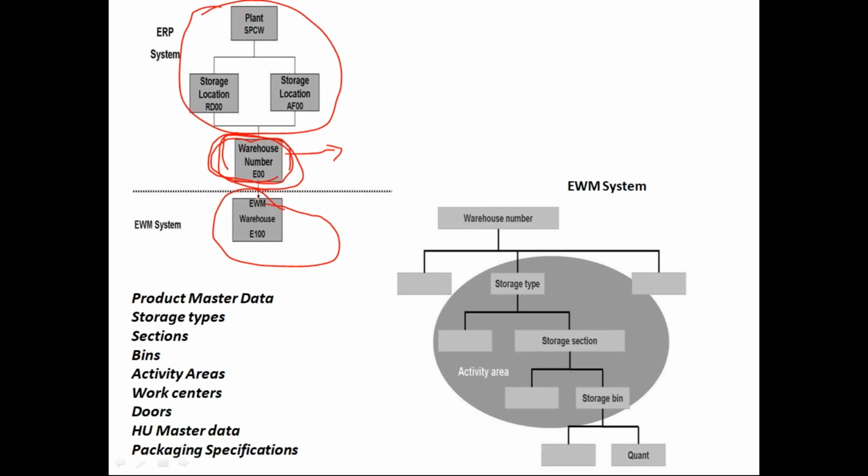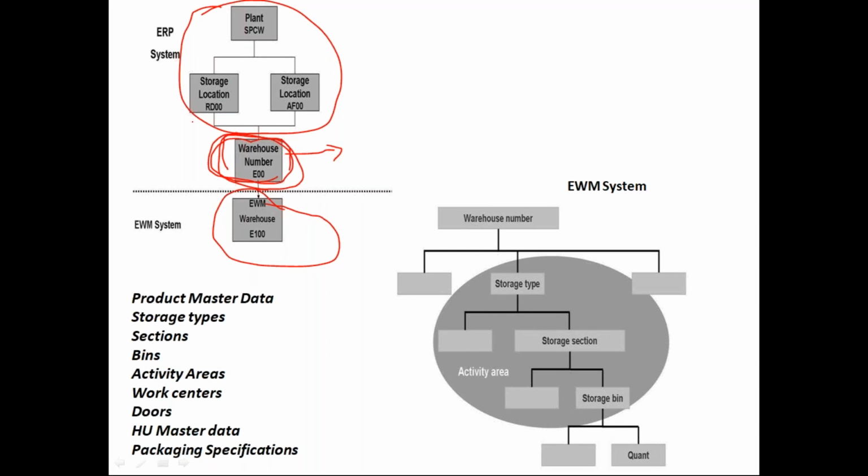In ERP, what is the structure that you need to have in order to create some data? You need to have plant, you need to have storage location, and obviously the master data is also needed. Material master, vendor master, all this information is also needed. Now, let's say you have created a purchase order, and against the purchase order you need to create an inbound delivery. When you are creating the inbound delivery, the system will read all this information related to vendor, material, plant, storage location, and all.